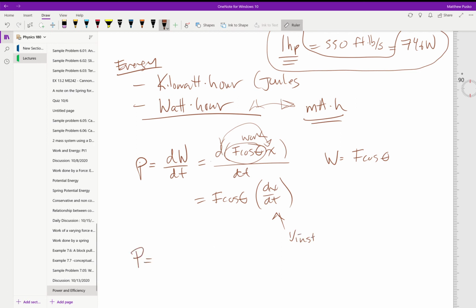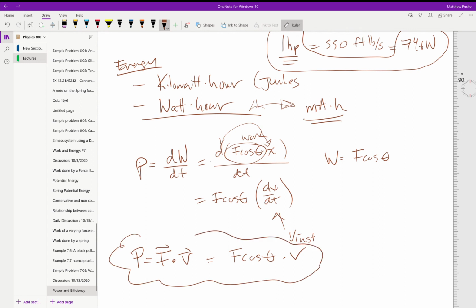We can say that power is equal to the force dotted into the velocity vector, or F cosine theta times the speed. So depending on what you were given, you can use either of those definitions.